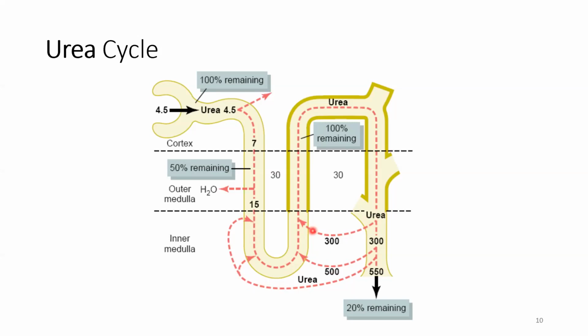So here you literally trap urea. Whatever urea is coming from this tubular fluid, you take it out, keep it inside the interstitium, and then when it goes up to a significant concentration, you start to secrete it inside the lumen.